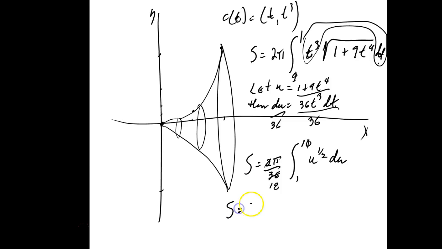Your surface area is equal to pi 18ths. Ugly writing. And what's the antiderivative of u to the 1/2? Help me. U to the 3/2. So what would be your multiplier? 2/3. 2/3 u to the 3/2 evaluated from 1 to 10.